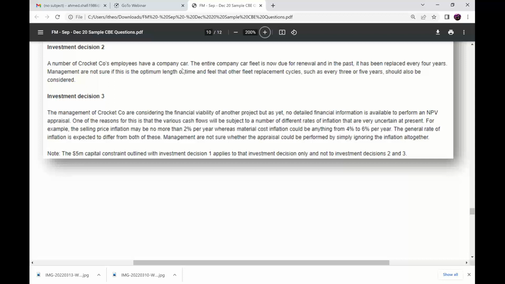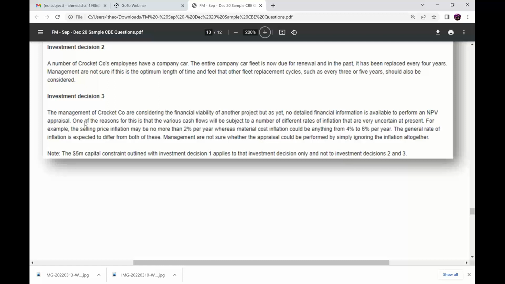And investment decision 3. The management of Crockett are considering the financial viability of another project, but as yet no detailed financial information is available to perform an NPV appraisal.